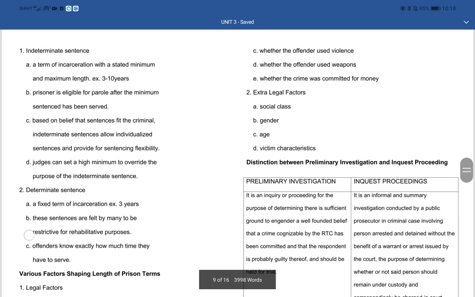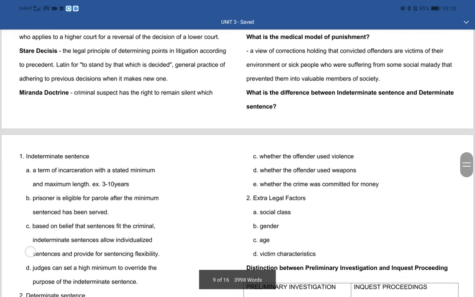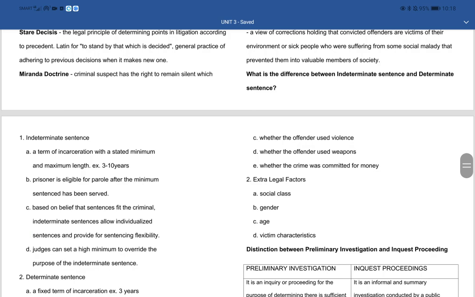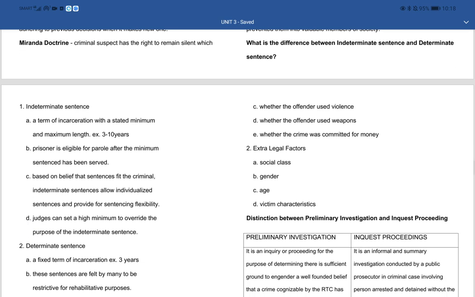Here is the most important part, which is the difference between indeterminate sentence and determinate sentence. When we say indeterminate sentence, those are cases or terms of incarceration with a stated minimum and maximum length, like 3 to 10 years. So meaning to say the punishment is within 3 to 10 years.